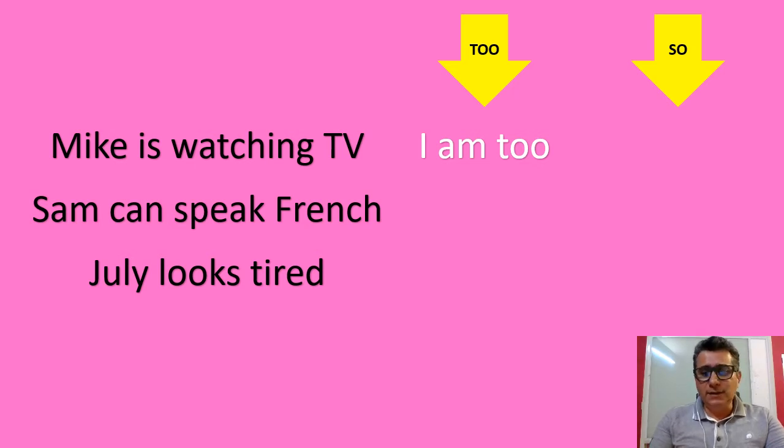Mike is watching TV. So am I. Both expressions mean yo también. Mike está viendo la televisión. Yo también. If we are trying to deliver these expressions together, we can actually do it. We have to say, Mike is watching TV and I am too. Or, Mike is watching TV and so am I.